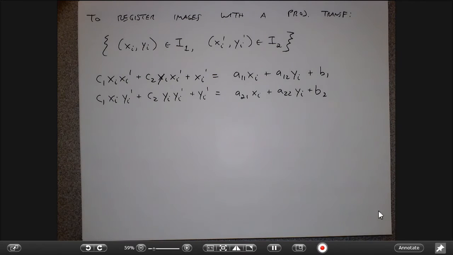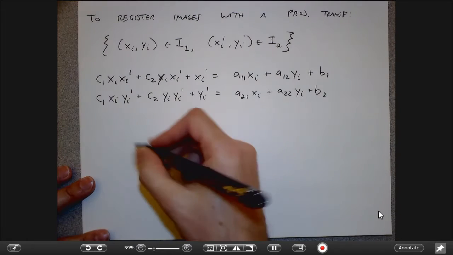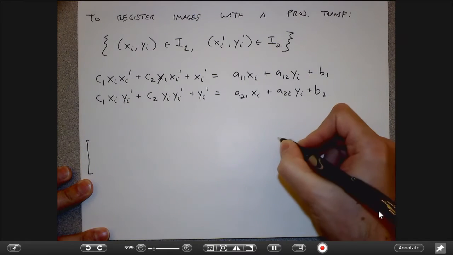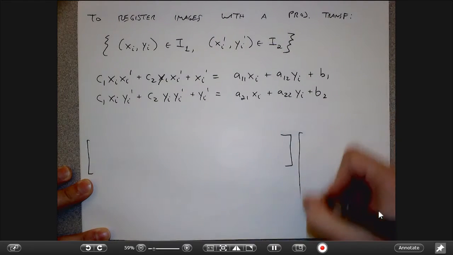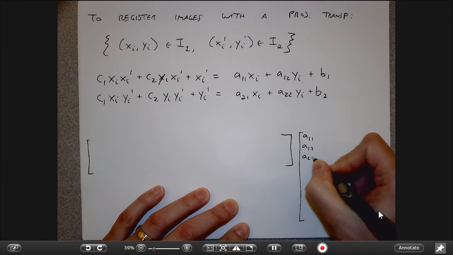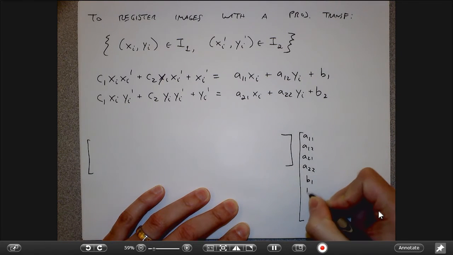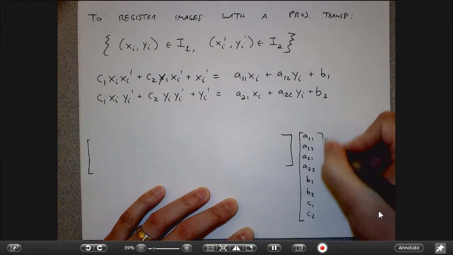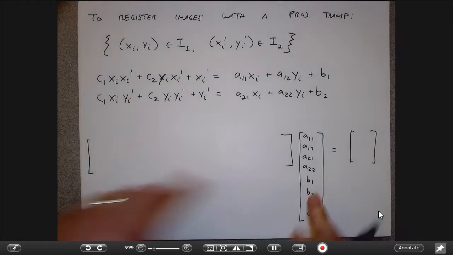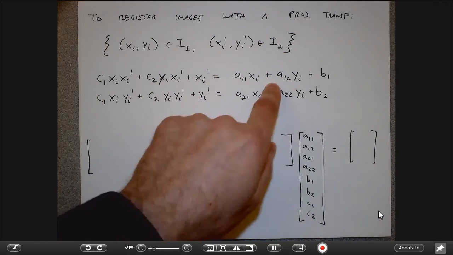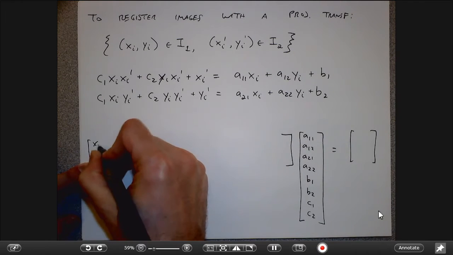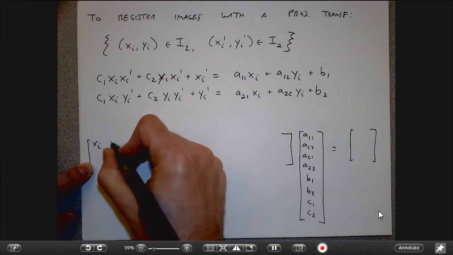So I'm going to rearrange this into a linear system. Let's think about what the rows of this linear system look like. The unknowns are these A's. I don't know these. And I don't know the B's, and I don't know the C's. So I'm going to rewrite this top equation into something that looks like this linear system. What's multiplying A11 is xi. What's multiplying A12 is yi.